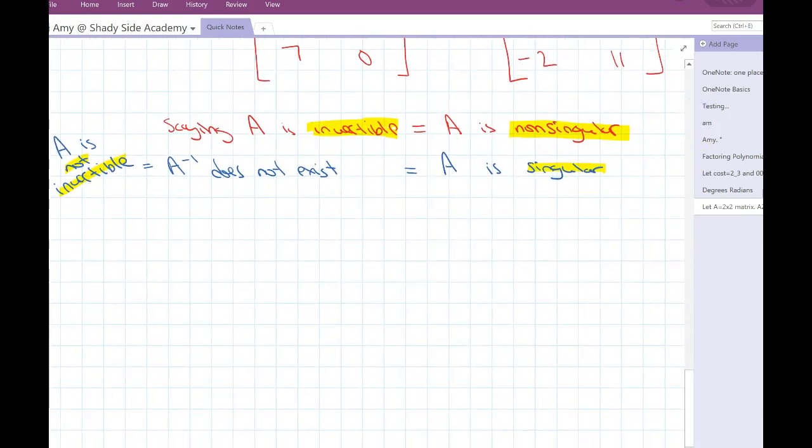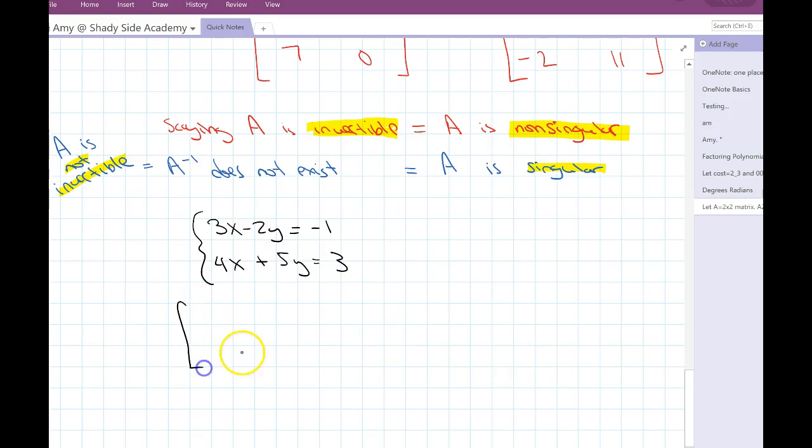So let's say we've got this going on. Let's say we have this system. Now watch this. We have this system, 3x minus 2y equals -1, 4x plus 5y equals 3.